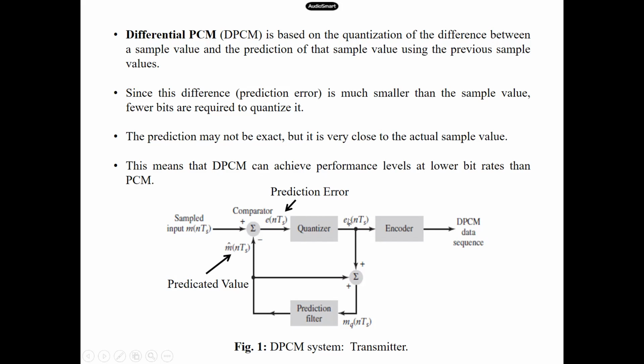What's happening here is that we are getting a quantizer output, and we are using this predicted value, which goes into the prediction filter, and loops back into the summer, or the comparator, because we are comparing these two values here. So we are using the term comparator. Then it goes through the quantizer, then this value is encoded, and then we get a DPCM data sequence.